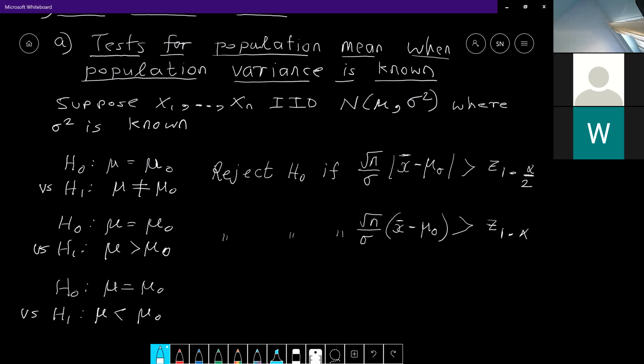And for the third set of hypotheses, it's root n divided by sigma times x bar minus mu zero less than minus z 1 minus alpha. So these are the three rejection rules corresponding to the three sets of hypotheses.